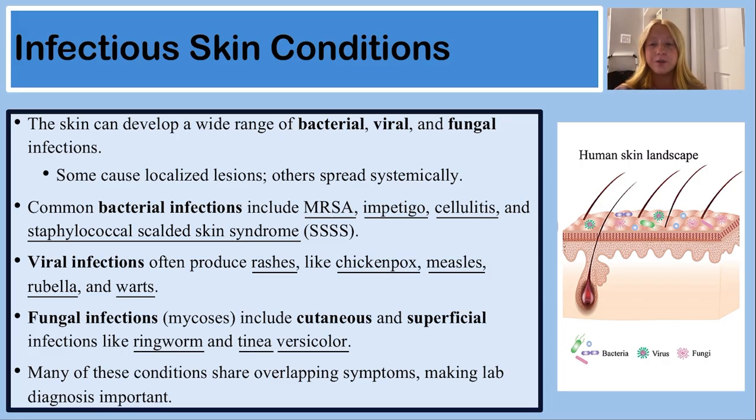And then we have fungal infections. These usually remain on the outer layers of the skin and are spread through direct contact or indirect contact. Some of these infections remain localized, while others, like measles and chickenpox, start in the respiratory tract and then produce skin manifestations later on.